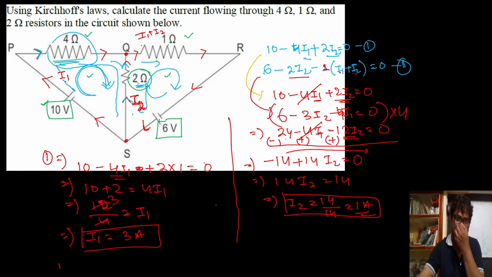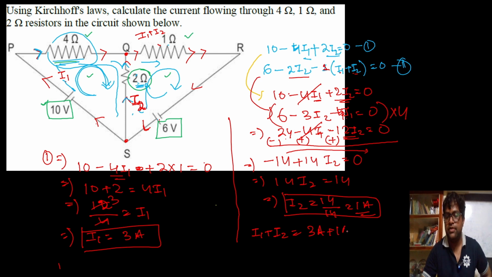Now we are looking for the current through the resistance of 1 ohm. So the current through the 1 ohm resistance is I1 plus I2. So simple, just add the 3 ampere plus 1 ampere, so it is 4 ampere. So the current through the 1 ohm resistance is 4 ampere.